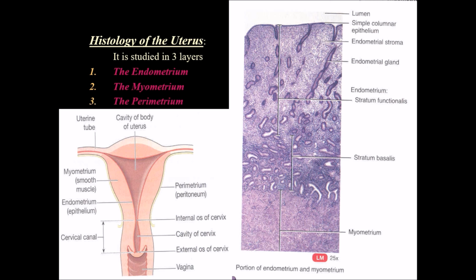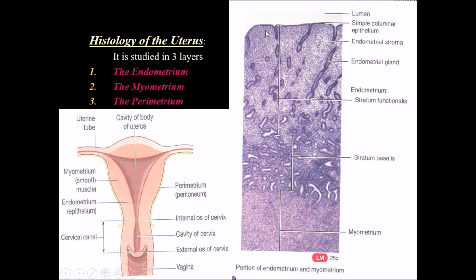Then outside, the most external layer will be the thin peritoneal fold which is covering the uterus, that will be called the perimetrium. So the outermost will be the perimetrium, the second layer will be the myometrium deep inside, and the innermost, which is in the cavity, will be lined by a layer of simple columnar epithelium, that will be called the endometrium.